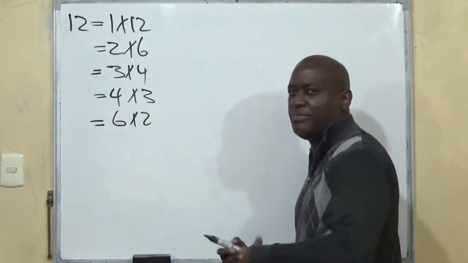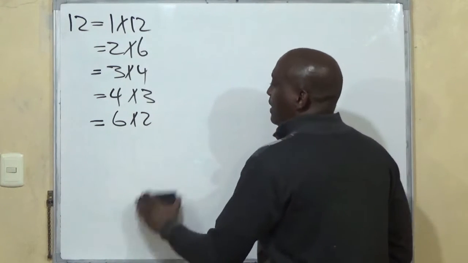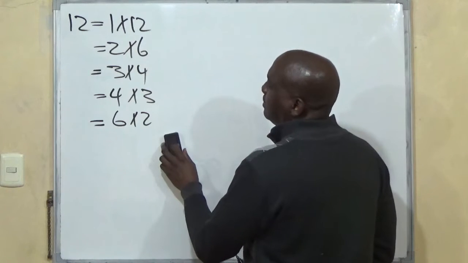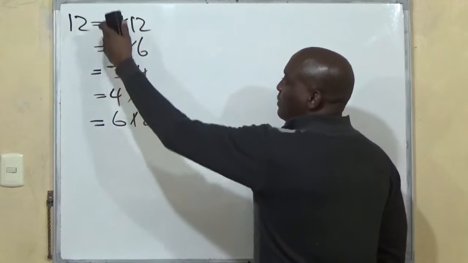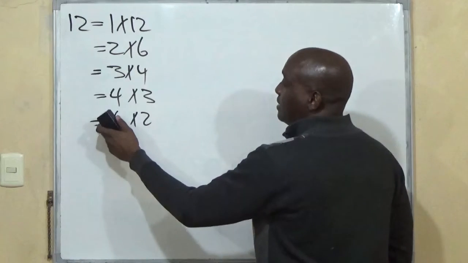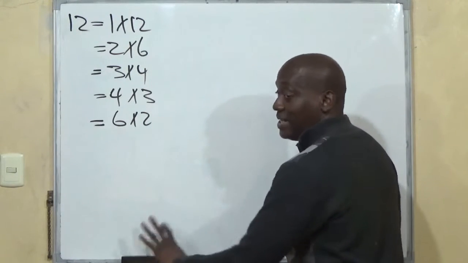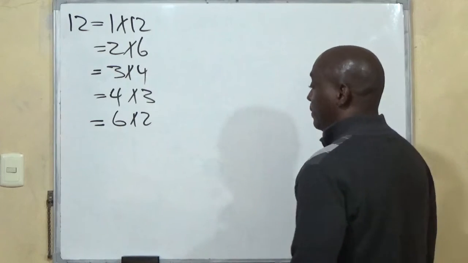At that point, you're just repeating yourself. So for the sake of argument, we can leave the 6 by 2 just so that we could see 1, 2, 3, 4, and 6. But we could also erase it.